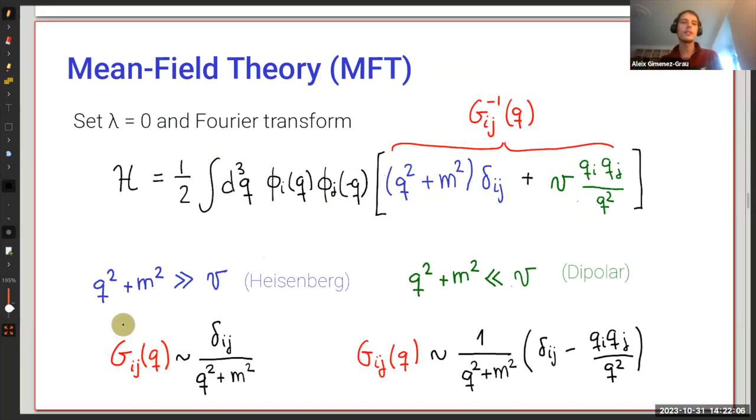In the first regime, imagine that Q squared plus M squared is much larger than V. Then this term dominates and we can neglect this term. What we obtain is that the propagator is the usual propagator we are used to in the Heisenberg model. In the opposite regime, when V is large, this term dominates. Then you can do a calculation, which is not hard, invert this propagator, and you find that G takes the following form.